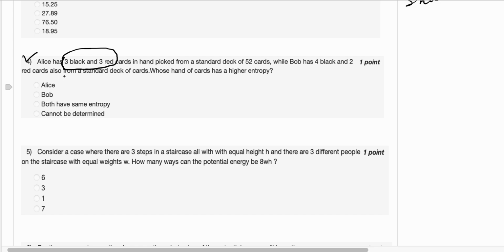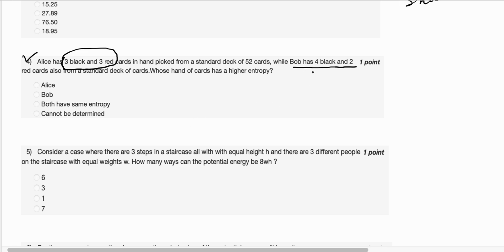So this state contains less information, while Bob has 4 black and 2 red. That means Bob can say from his state that if I pick randomly from my 6, it is more probable that I will get a black card. So in that sense Bob has greater information from his sample.